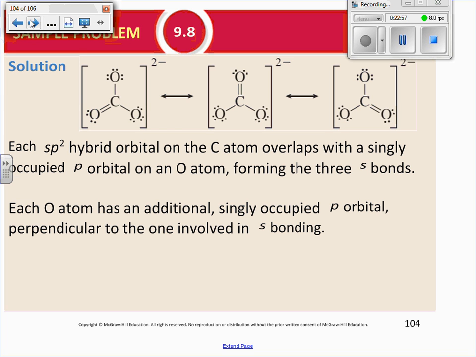Sometimes it's represented in some books this way, where the circle means those pi electrons go all the way around the ring. So if you ever see that, that's what it means. So the pi electrons in carbonate aren't on one oxygen atom, they're delocalized over all 3 of them. So that's why everything looks the same.